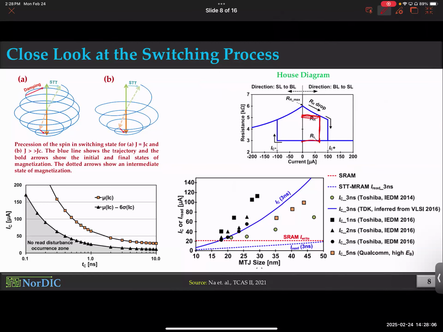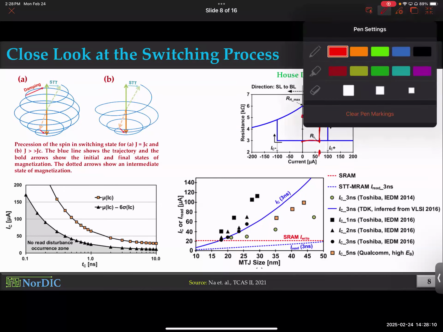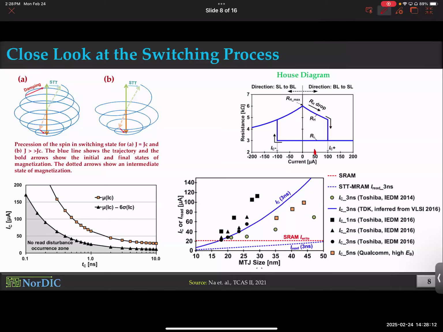For a given read current, if I decide that I'll always read with 50 microamp, then you have a constant resistance here, and a constant resistance there. We take those levels for our discussion, but that doesn't mean this resistance will always be constant. As long as you don't change the current level, you have the same resistance. But if you change the current level, then you have a change in resistance as well.